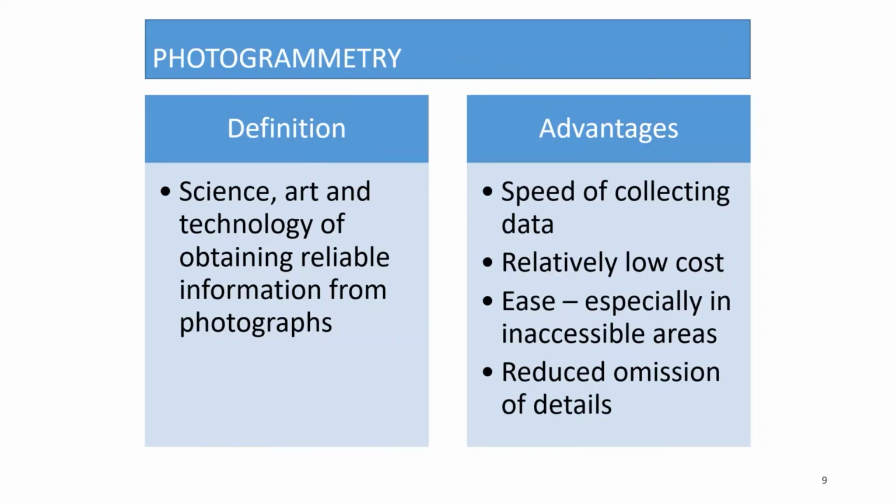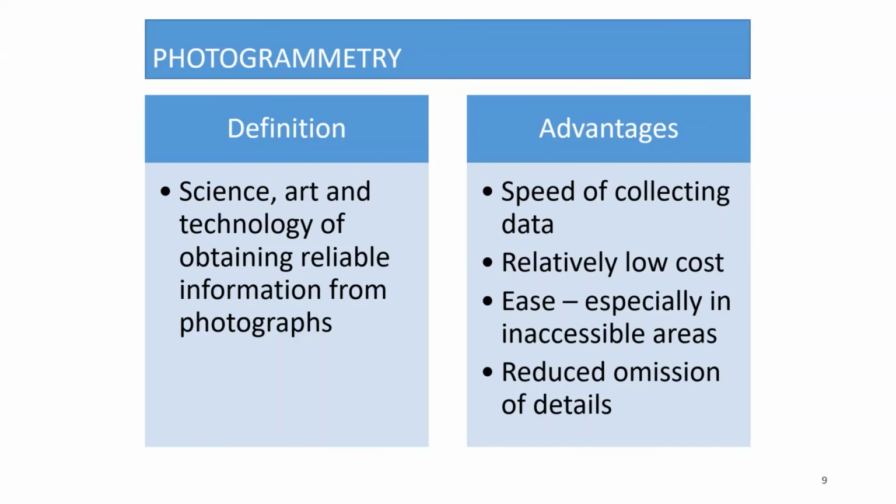It is very easy to work in inaccessible areas where the instruments cannot be taken, very tedious because of the terrain or other conditions. When photographs are there, they can be taken for any type of area. And there is no scope of omission of any detail. In the field, we can omit or forget to take some details.